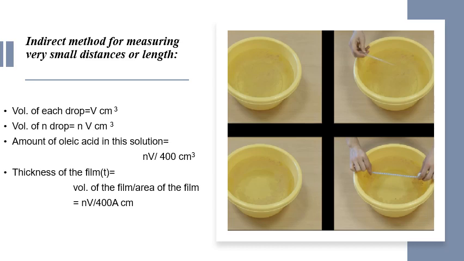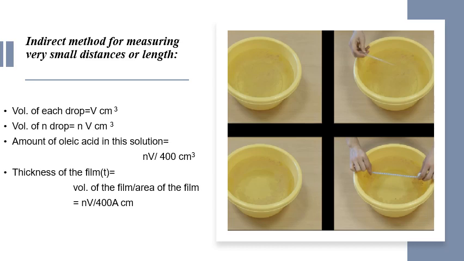What is the amount of oleic acid in this dissolved solution? nV divided by 400 centimeter cube. And the thickness of the oil film, small t, is equal to the volume of the film divided by the area of the film. So the volume is nV divided by 400 A centimeter cube.